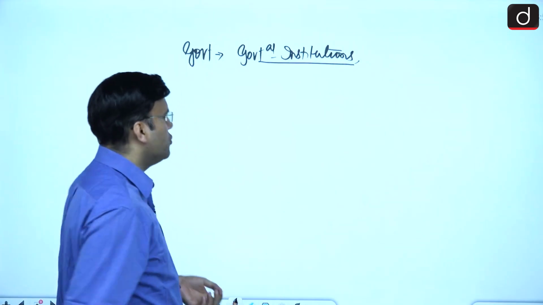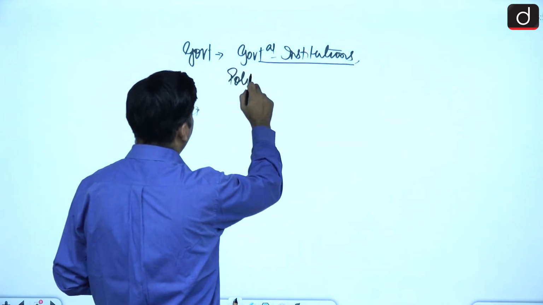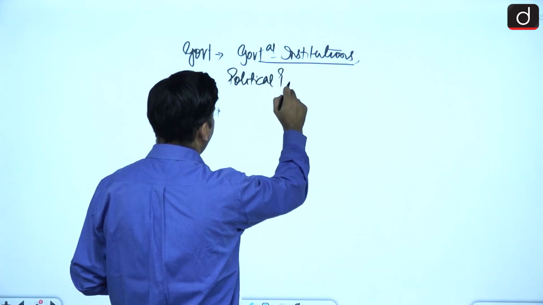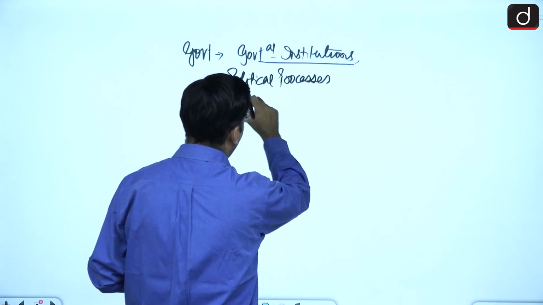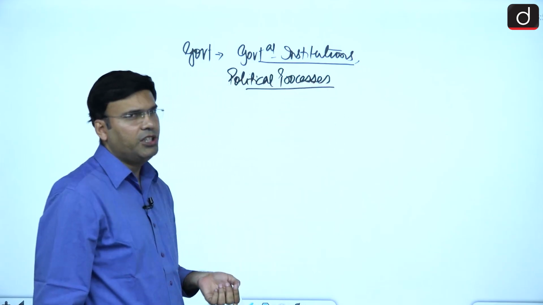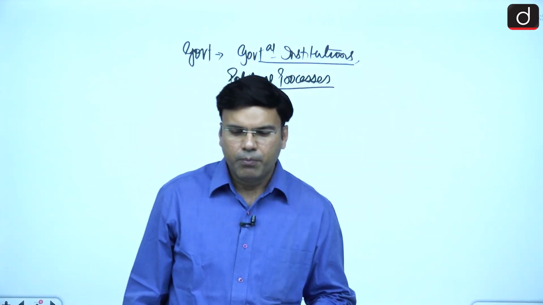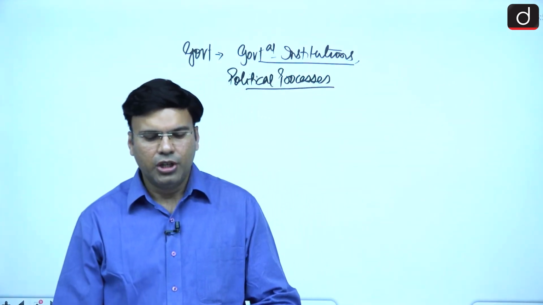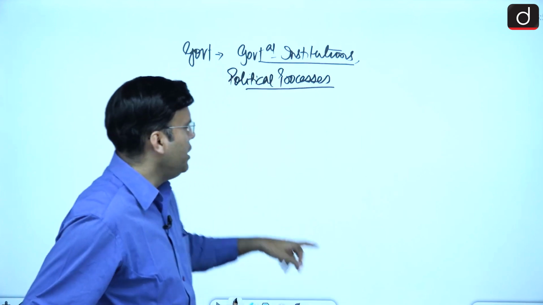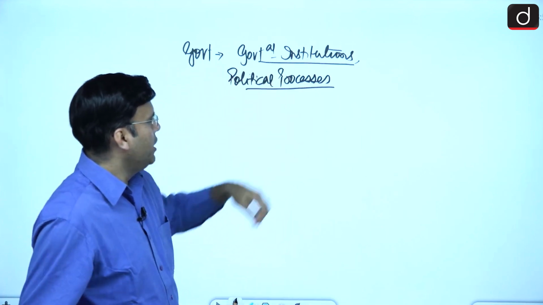Then we are also going to read about the political processes. So the party system, how parties have evolved over the years. We are reading about the processes as well. And then you are also reading about the political institutions, the political system.